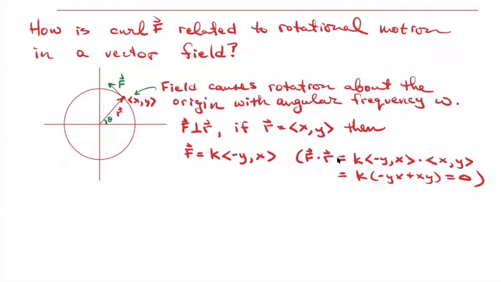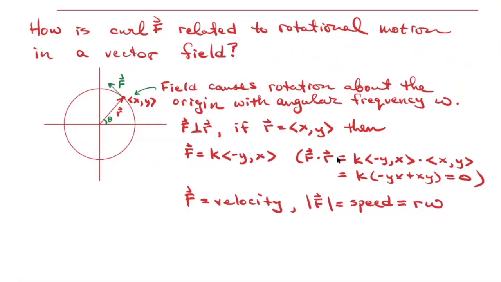F is velocity, so the magnitude of the field will be speed. And speed is by definition r omega. That's the speed as you go around a circle.